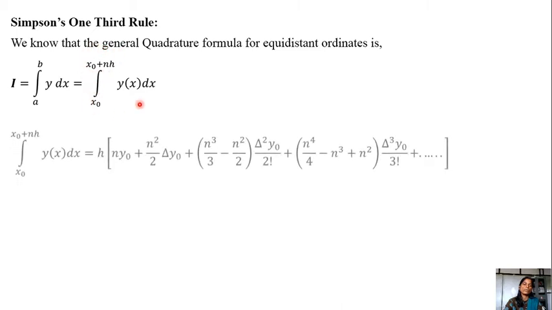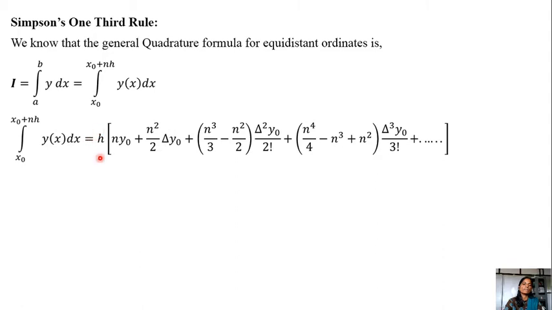Write the formula like this: h outside, where h is the interval of difference, n y naught plus n square by 2 delta y naught plus n cube by 3 minus n square by 2 delta square y naught upon 2 factorial plus n raised to 4 minus 4 n cube plus n square delta cube y naught upon 3 factorial. Remember this formula, because in every numerical integration formula we need this general quadrature formula for equidistant ordinates.